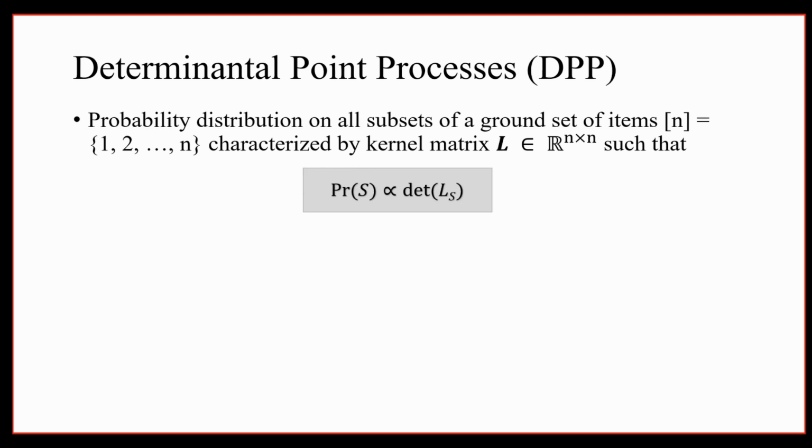And the probability of sampling the subset 1, 2 is the determinant of this submatrix with the first row, first column, second column, and so on.